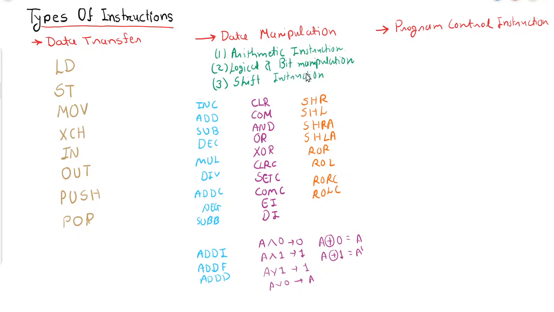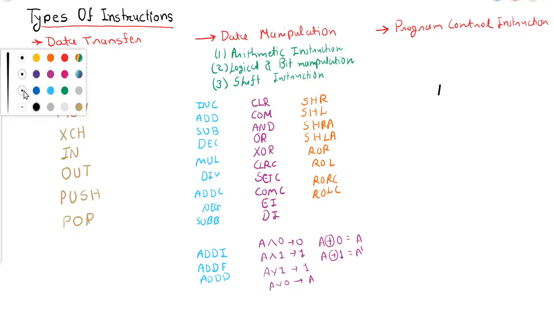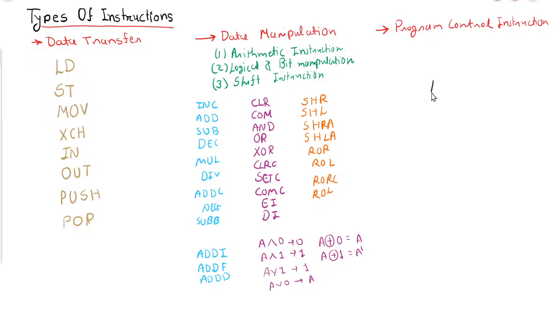Okay, so if we try to focus on program control instructions, then in program control instructions the first instruction is branch.